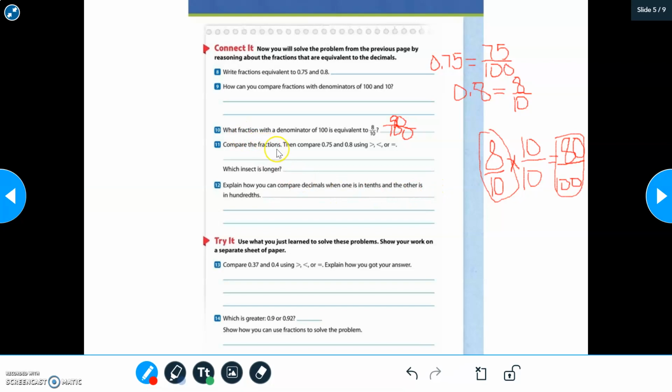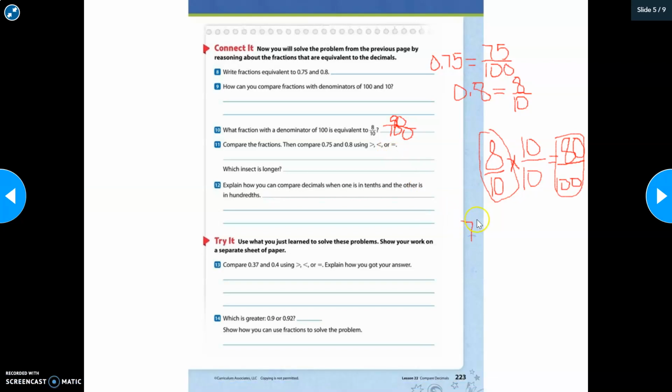Now it says compare the fractions. Compare 75/100 and 8/10 using greater than, less than, or equal to. All right, so let's go ahead and compare our fractions real quick.